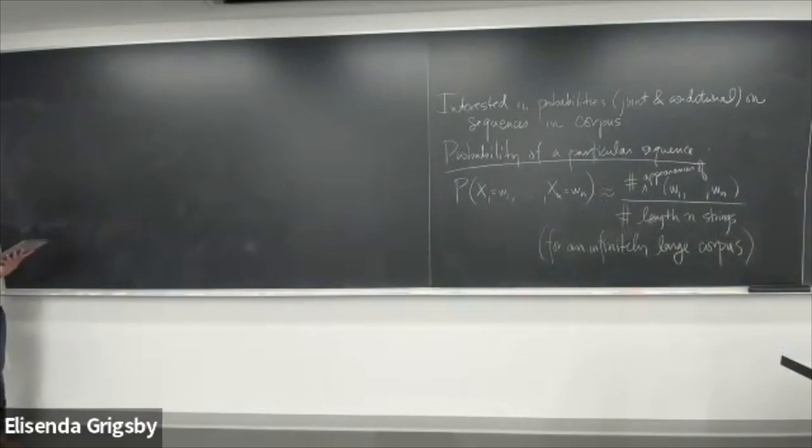So maybe, since I'm not actually saying very much that has that much content right now, let me switch gears and say that always what you're trying to do is model this probability distribution on the next word, given some history or some context.